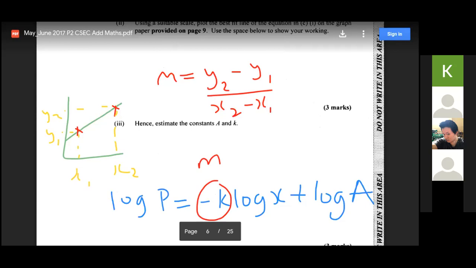So by finding 2 points on the graph and using this formula to find the gradient, I would be able to find minus k. And if I had minus k, I would be able to find out what k is. Okay. Everybody following what I was saying so far? Yes, miss.